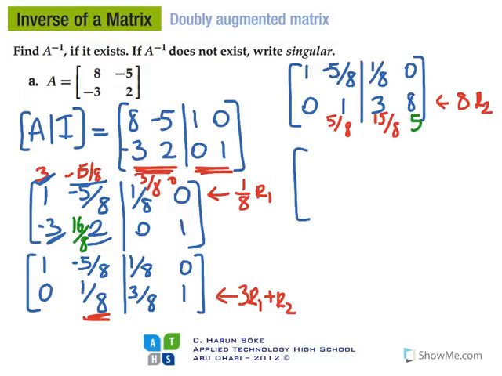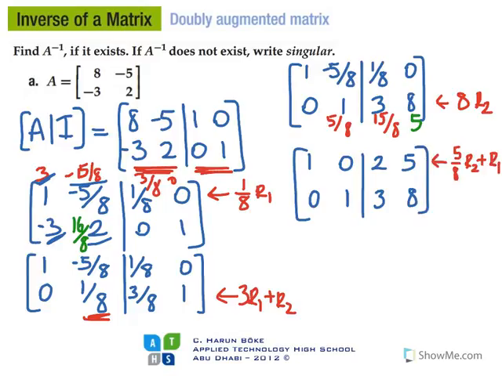Adding the second row to the first row will give me 1, 0, and here 15 plus 1, 16 over 8, so it is 2, and 5 plus 0 is 5. On the other hand, downstairs is 0, 1, 3, 8.